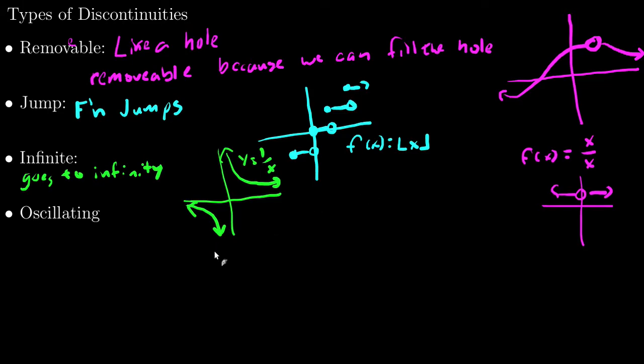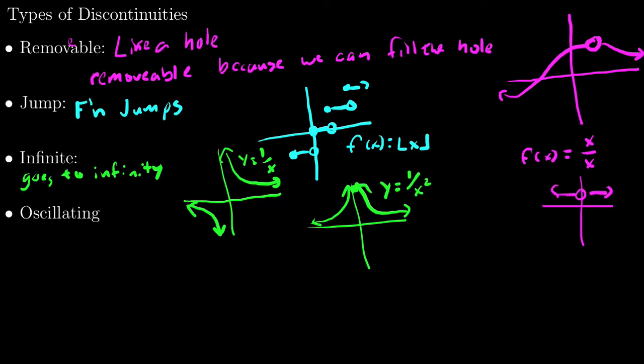Or I can have it going to the same infinity, as in 1 over x squared. In both cases, it has this discontinuity at x equals 0. It doesn't matter that in this case they're pointing towards the same infinity. There's still going to be some break in the real values of this graph at 0.